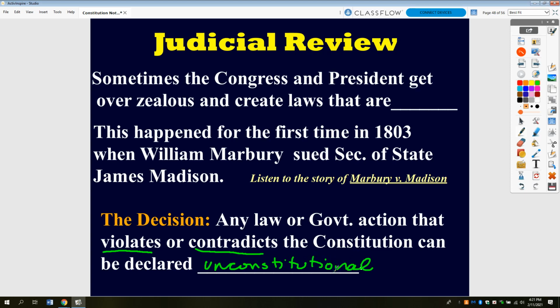And why do they say this is true? They said this because Article 6 of the Constitution describes the Constitution, that's right, as the supreme law of the land.